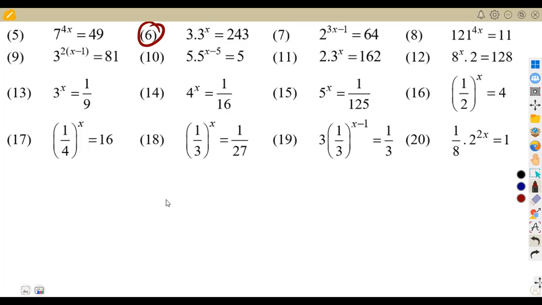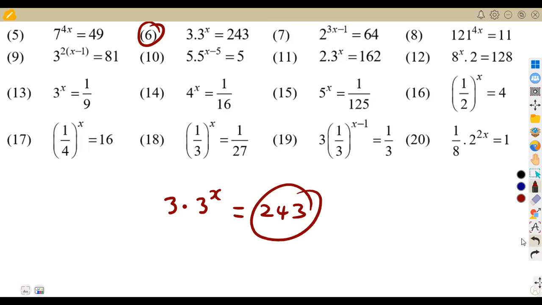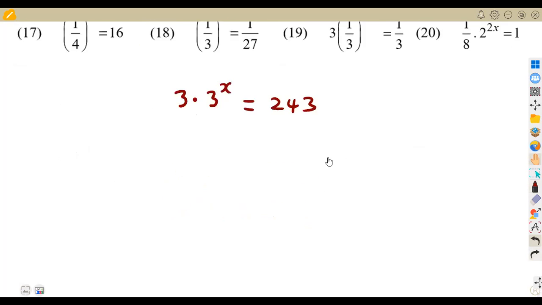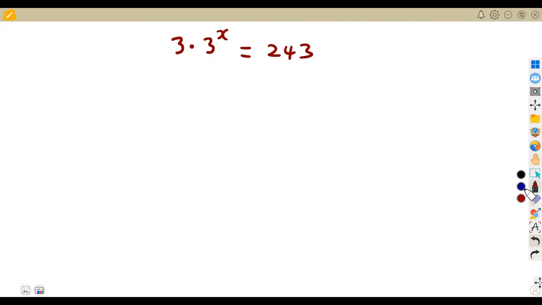I want to explain another way. 3 times 3 to the exponent of x is equal to 243. Remember, the last time we said we can work with this part, write it as a number in base 3, then combine these two. But you can also solve it this way.